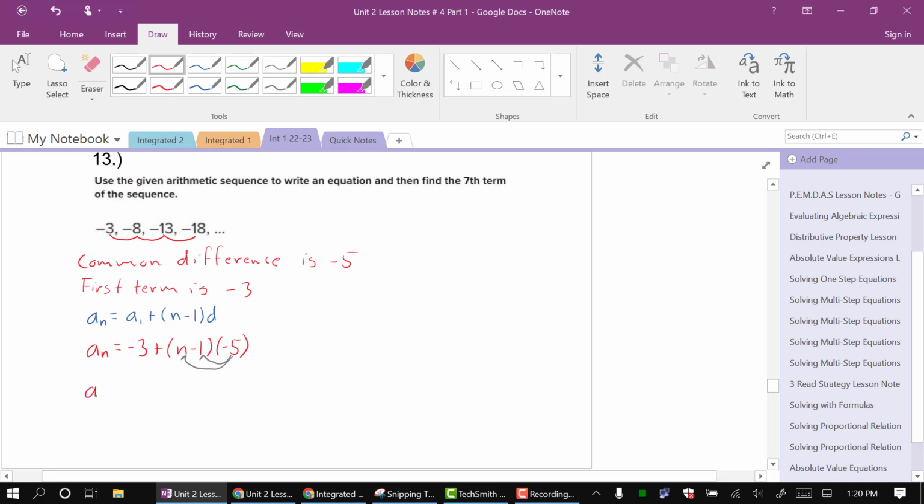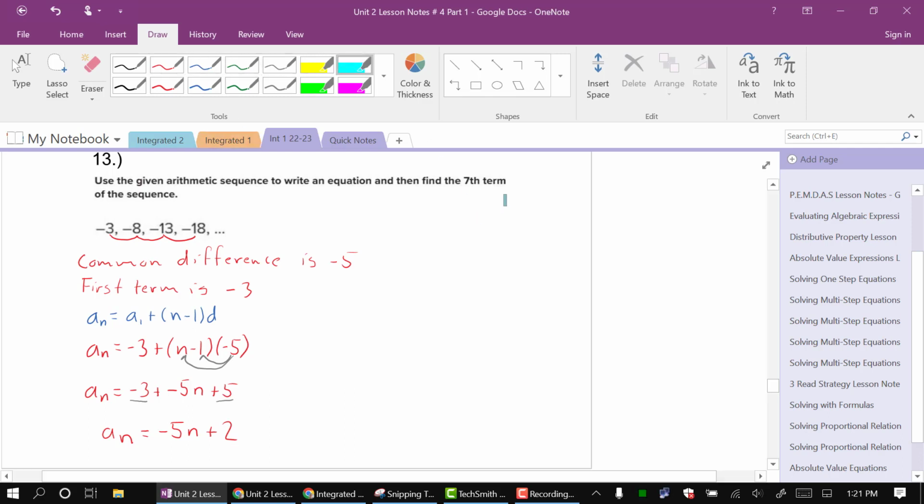Well, that gives me a_n equals -3 plus, -5 times n is -5n. -5 times -1 is +5. I notice I have like terms with the -3 and the +5. So my simplified version of this formula is a_n equals -5n plus 2.